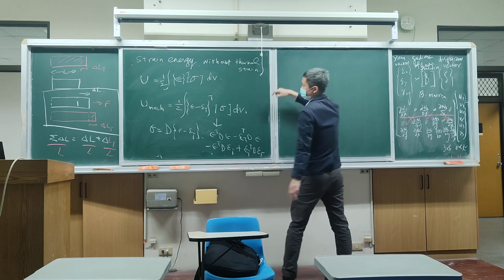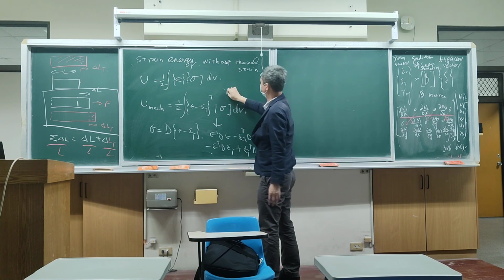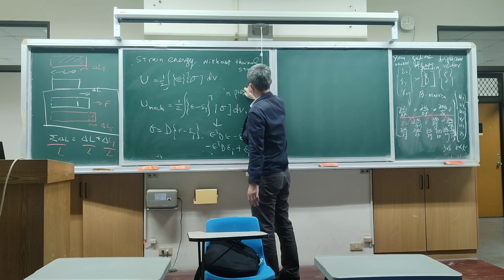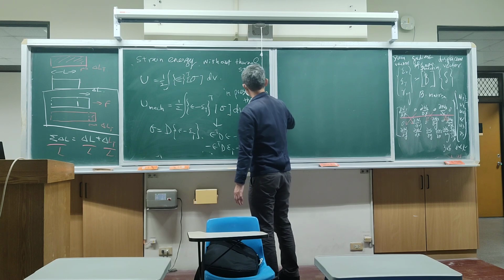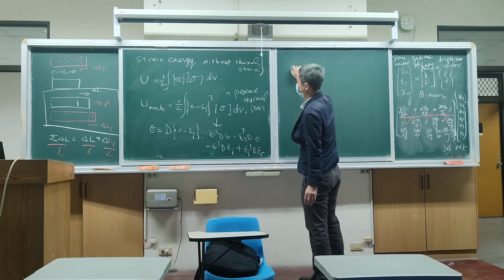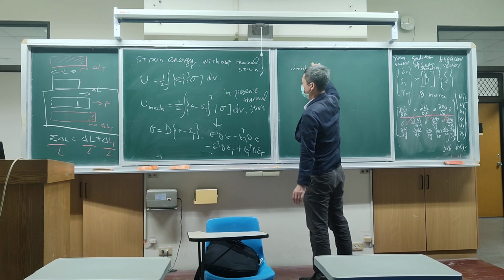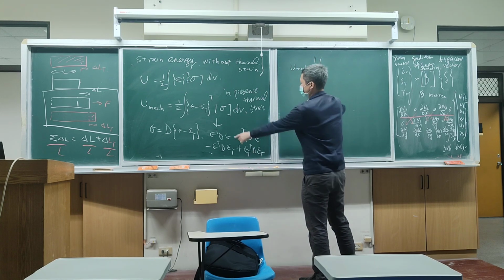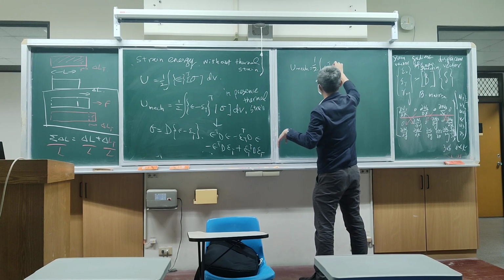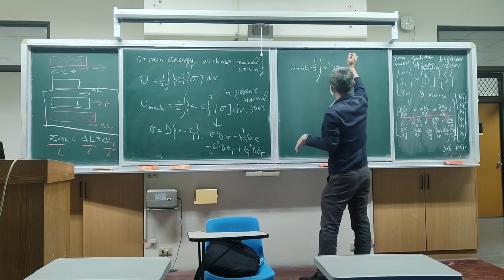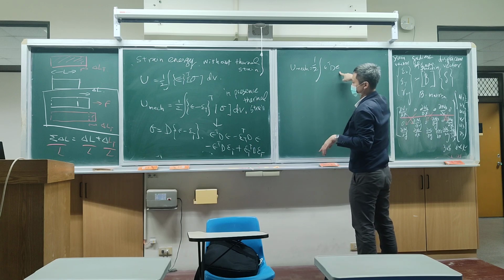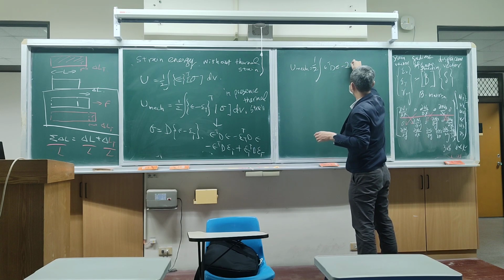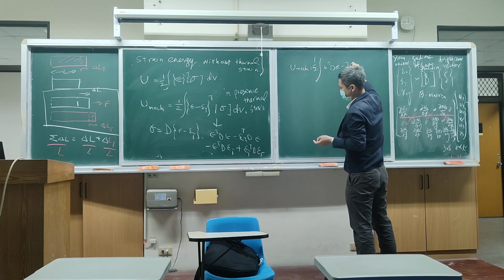Okay, so in the presence of thermal strain, your strain energy is now written as half of this first term, the total strain one, second term, the thermal strain, okay?